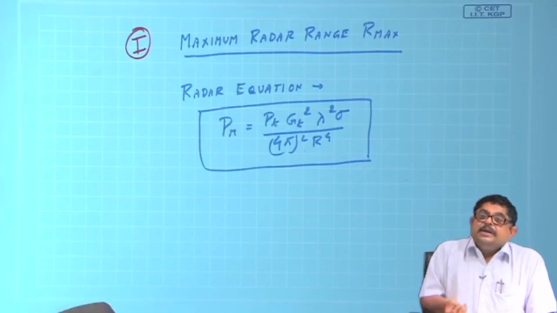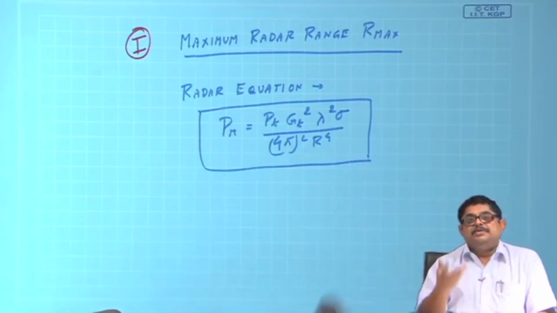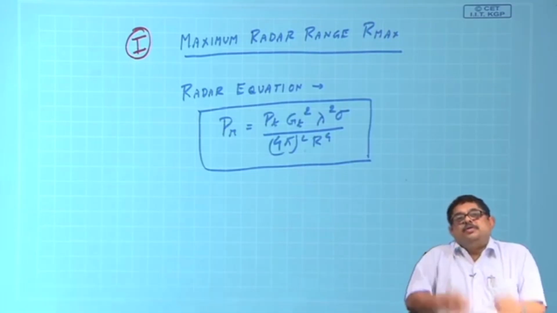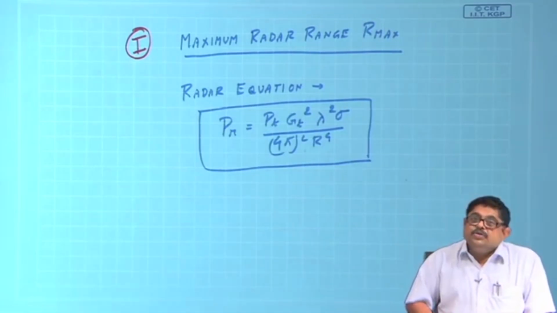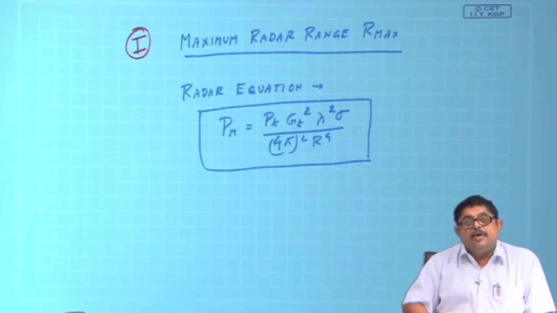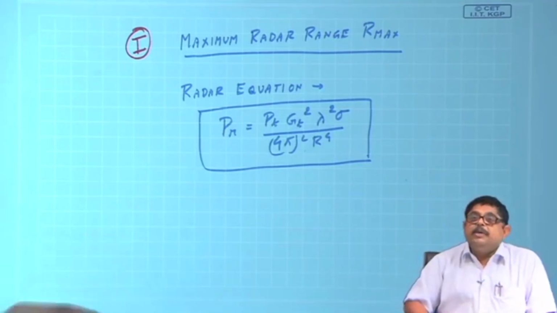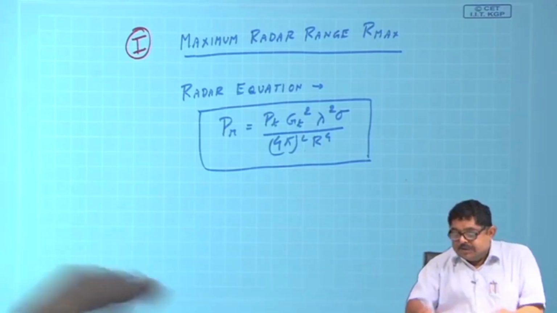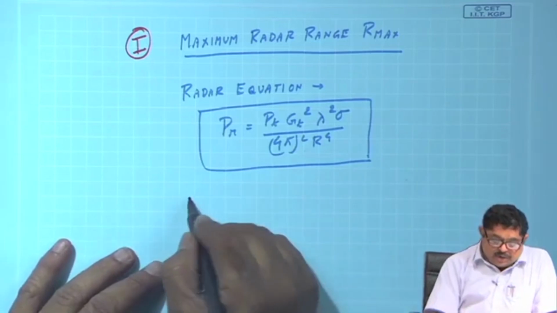Even if in the environment there is no noise, the receiver will produce its own electronic noise, and unless the signal is far above that noise floor of the receiver, the receiver won't be able to detect it.